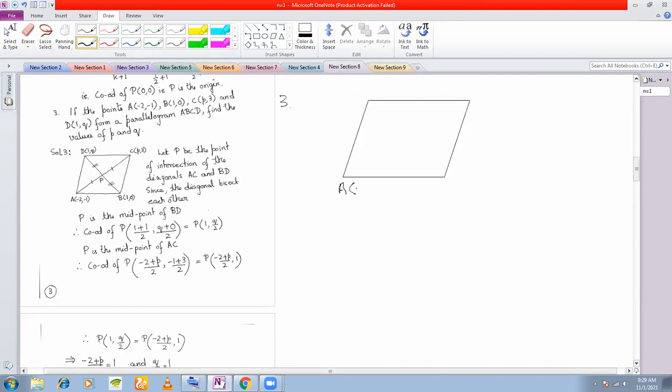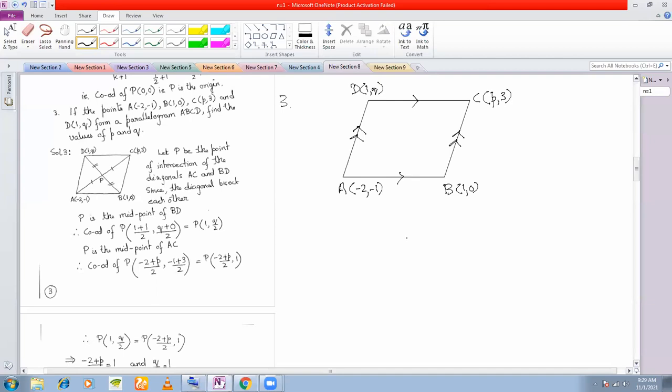Let us take A as (-2, -1), B as (1, 0), C as (p, 3), and D as (1, q). So they form a parallelogram. Okay, you need to find out the values of p and q.